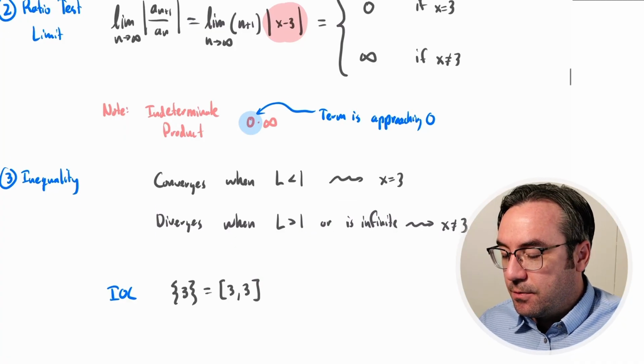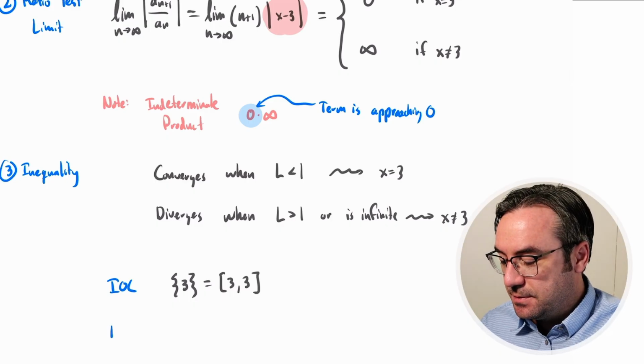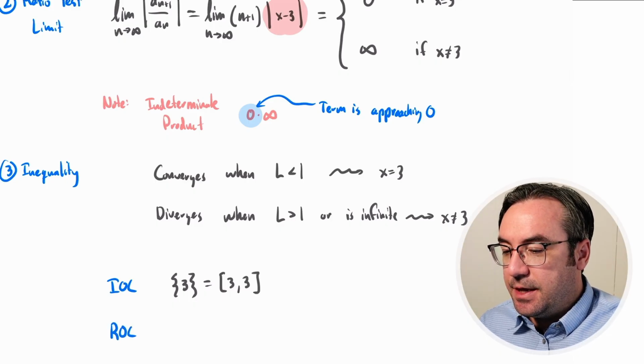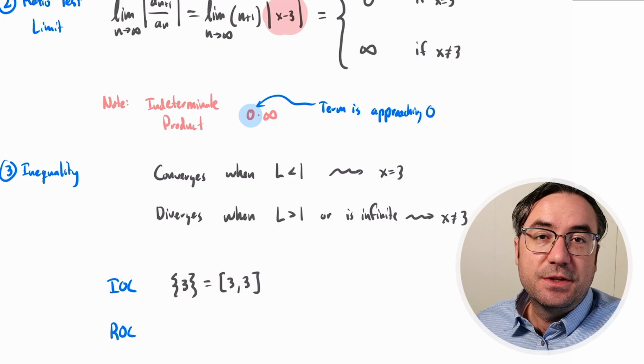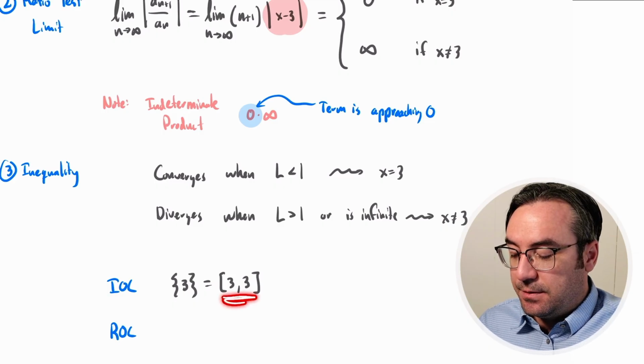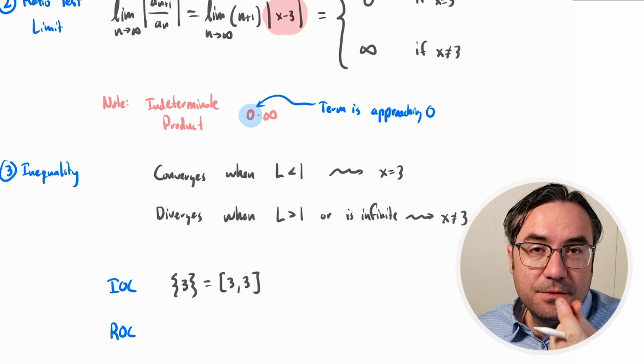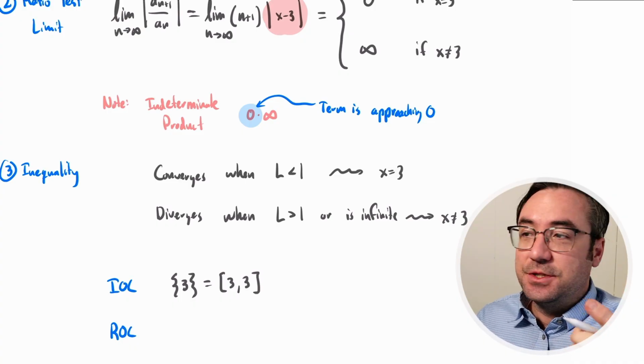And then our radius of convergence is the size. Remember, the radius of convergence is measuring the size of this interval. Well, what's the width of this interval? 0. So the radius of convergence is 0.